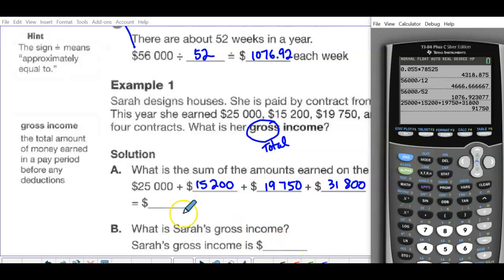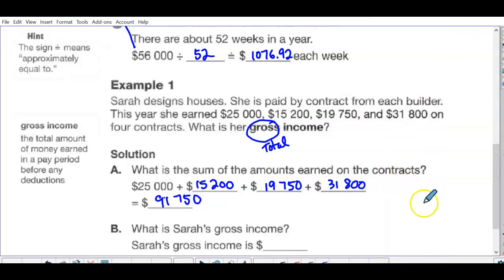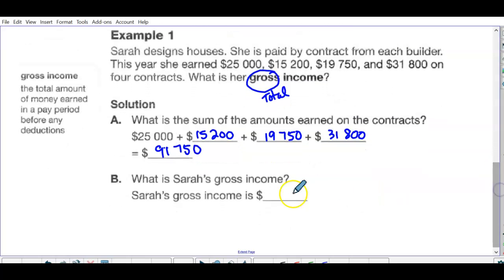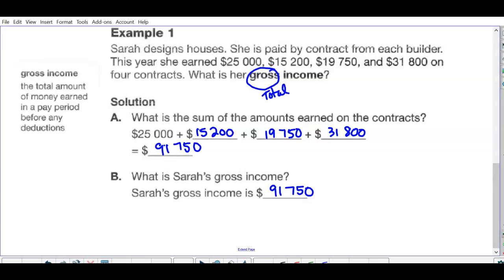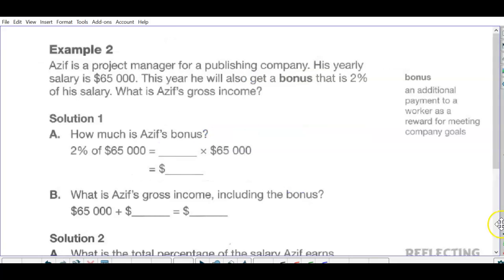Okay, so that would be $91,750 for that year. So her gross income, well, really, it's just that amount. Kind of silly to show it as part B. That's the answer. Okay, next example.